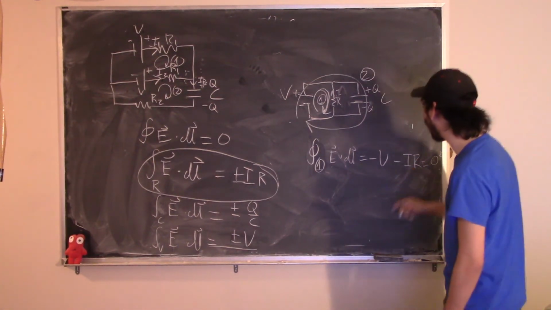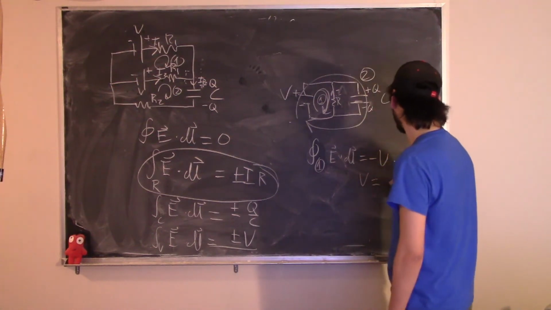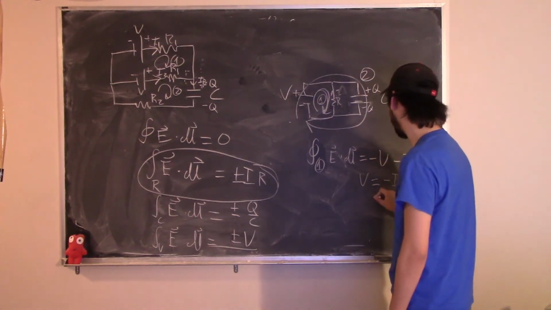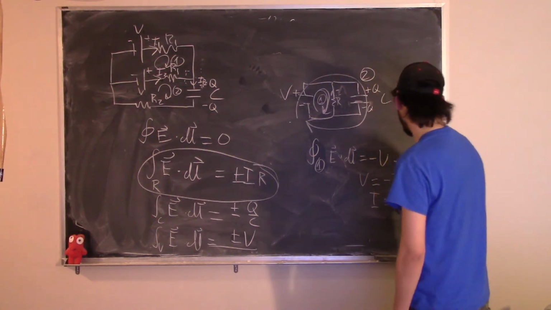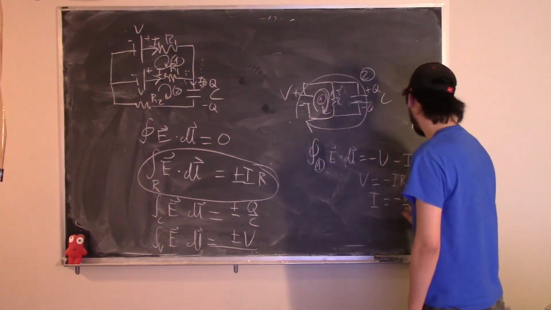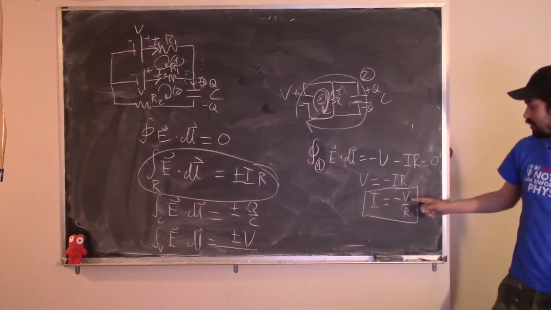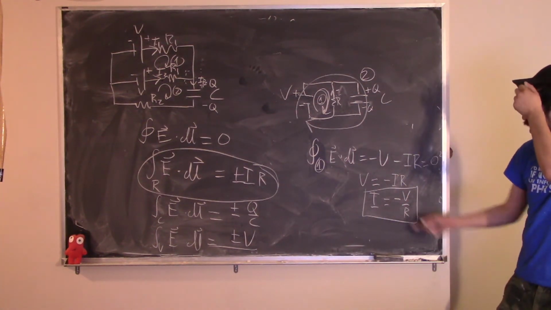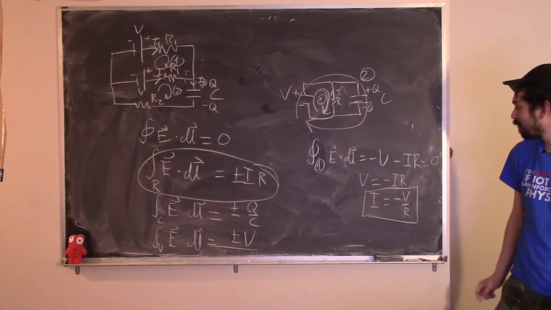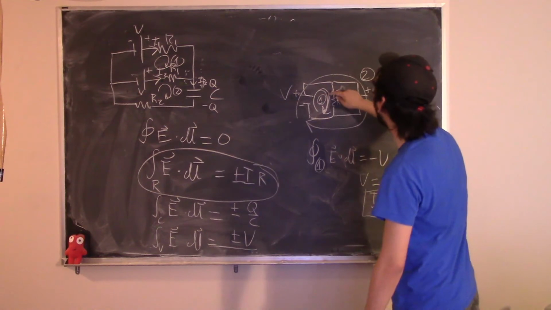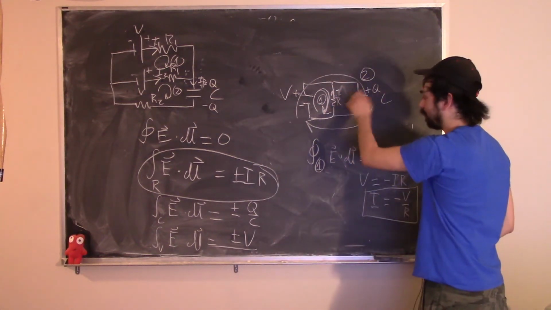Ultimately, what I ended up seeing here is kind of interesting. When I solve for I, V is equal to minus IR, or I is equal to minus V divided by R. I'm getting a negative current here, which is kind of interesting, because why would the current be negative? That just means that the current goes the opposite direction from the way that I drew it.